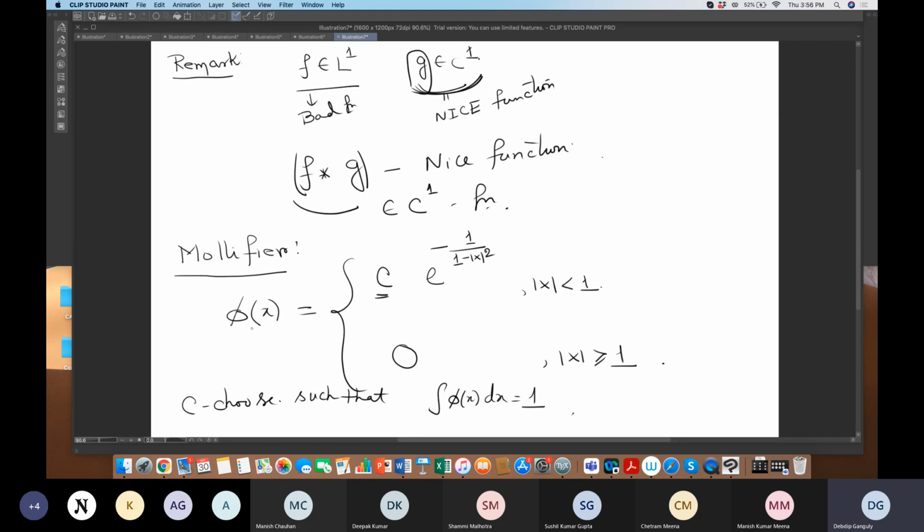Now you just look at the function C times e to the power minus 1 by 1 minus mod x square. As mod x is going to 1, where is this function going? At mod x equal to 1, what is the value of this function? Approaching 0. So at the boundary it is 0. And when mod x equals 0, how does it look?